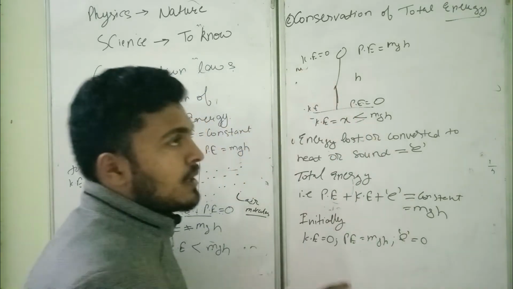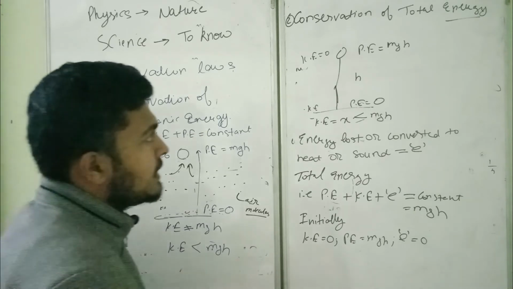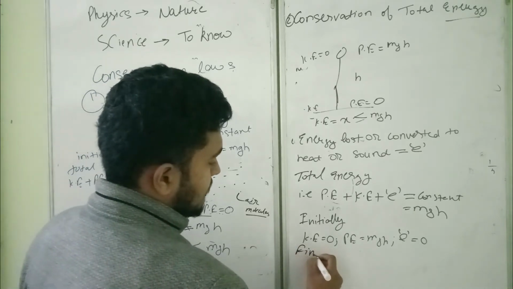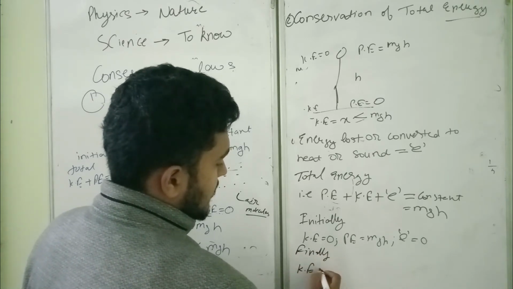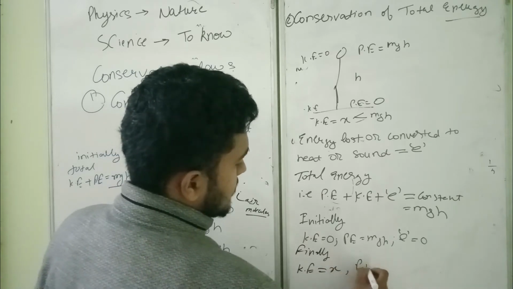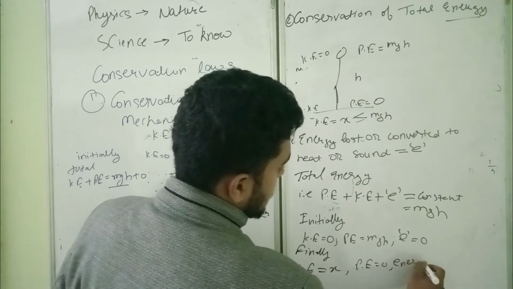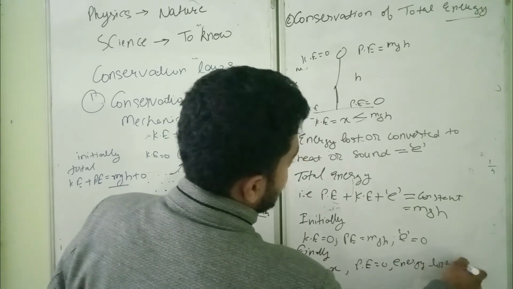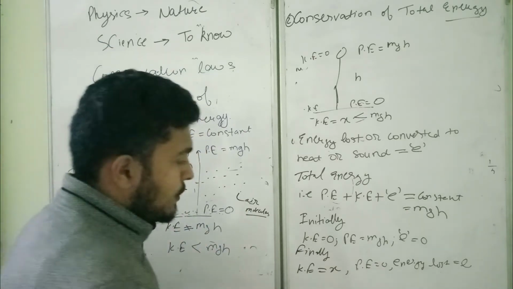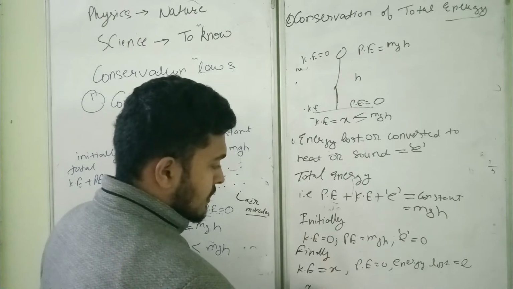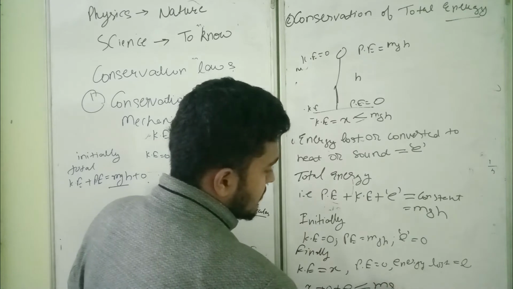There was no energy lost when the process started, just before dropping it. And afterwards, finally, kinetic energy is equal to x, potential energy is equal to 0, and energy lost is equal to E. So by the conservation of the total energy, we can say that x plus 0 plus the energy lost must be equal to mgh.